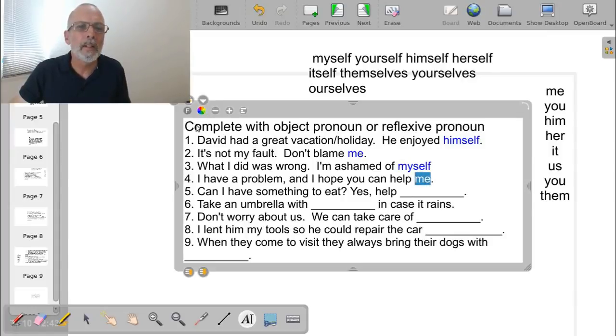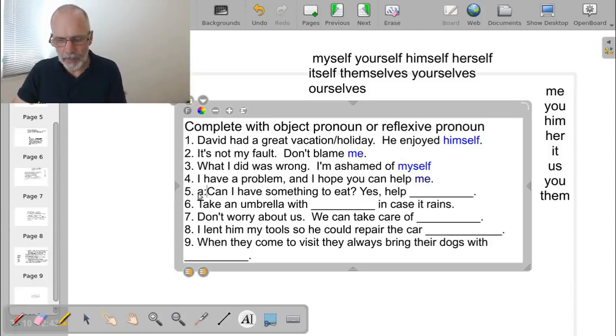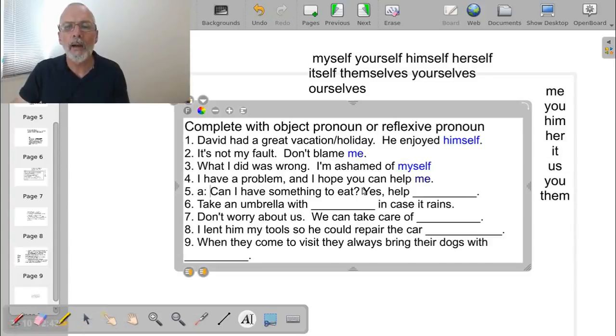So that one, we need to use the object pronoun. Can I have something to eat? Yes, help. This is two people, sorry. Maybe I should put here, A says, can I have something to eat? B says, sure, or yeah, or yes.